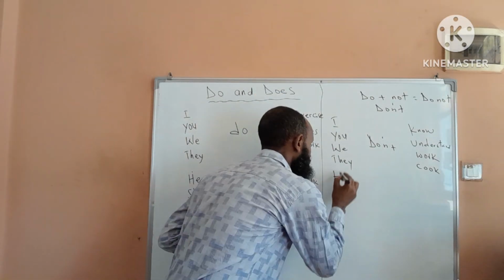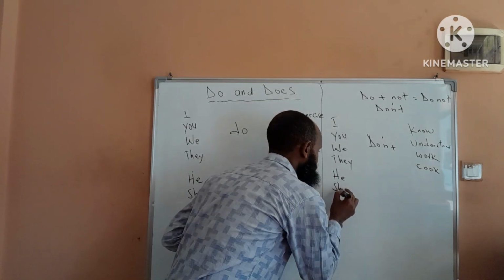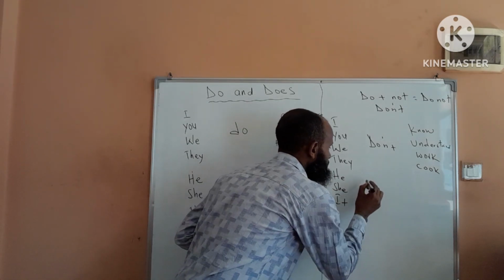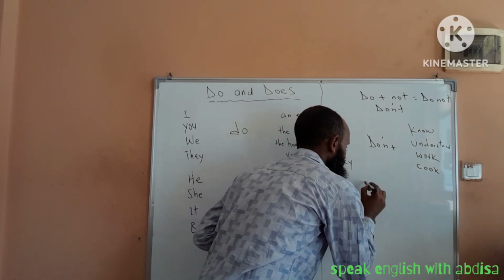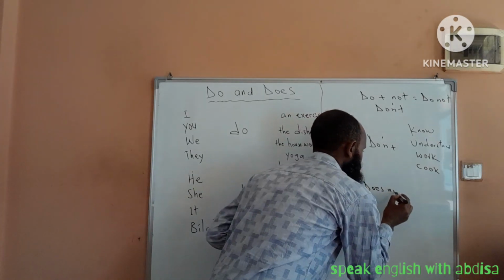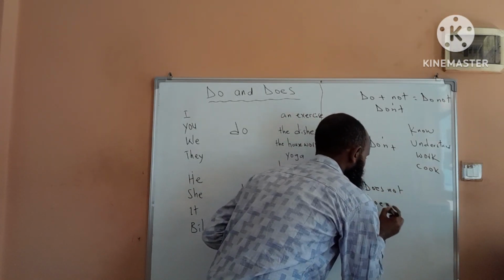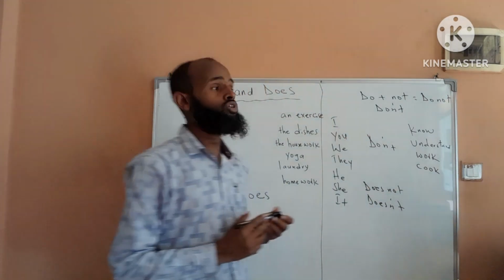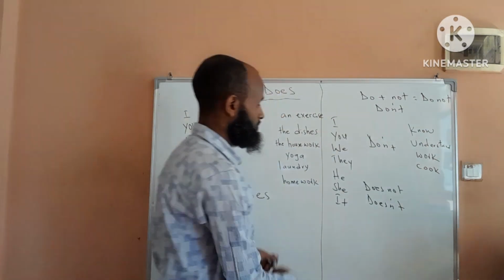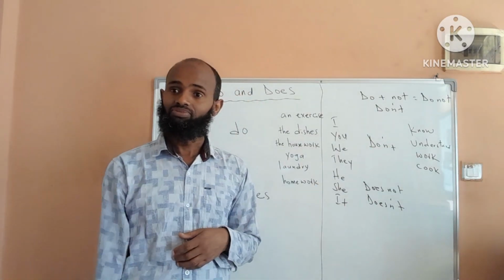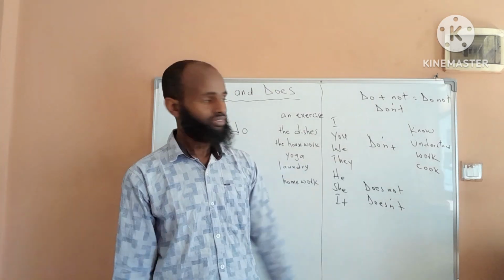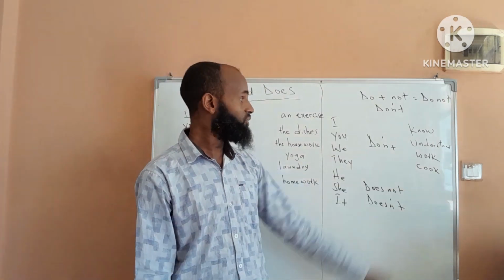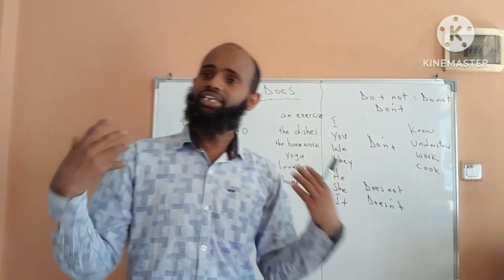But if the subjects are third person singular, like he, she, it, we use does not, or doesn't. Let's use the same verbs as here. He doesn't know. He doesn't understand.